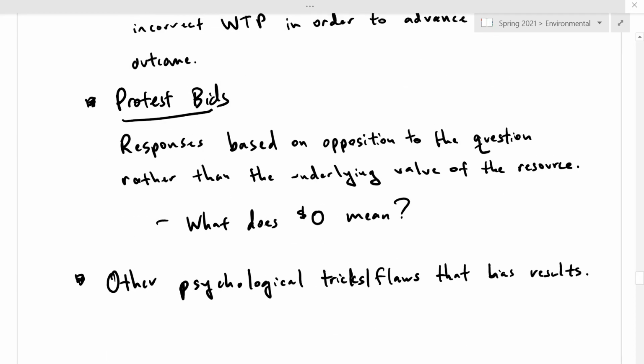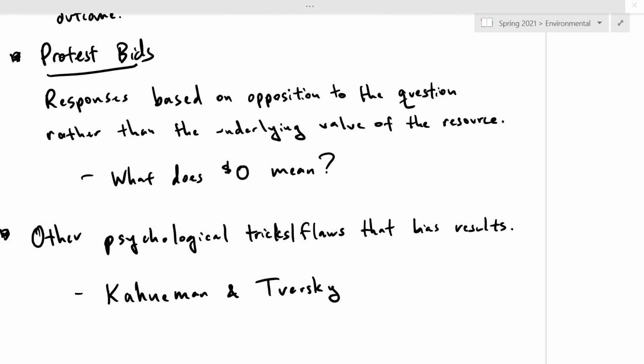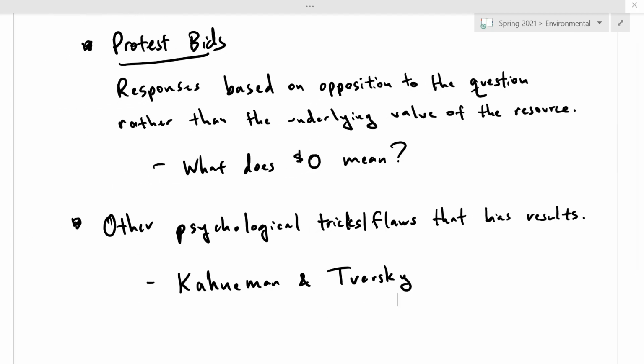If you want to learn a little bit more about what those are, look at Kahneman and Tversky. These are a couple of psychologists, and they have an extremely famous paper with which Daniel Kahneman won the Nobel Prize in economics for his work.